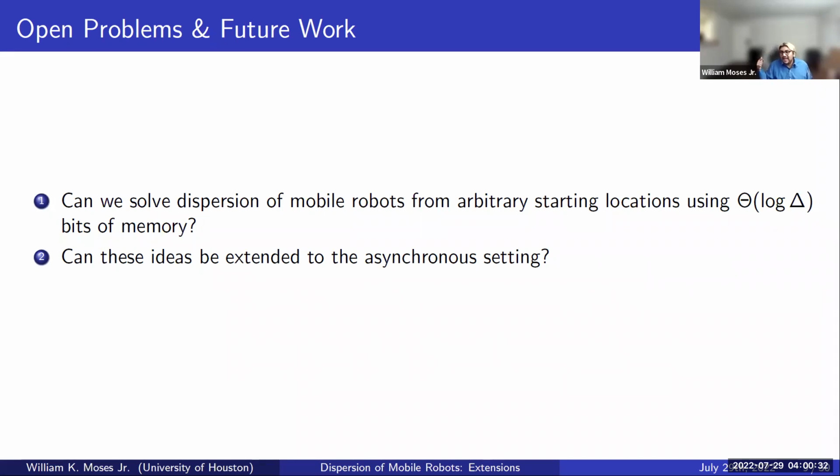Typically, each robot will know, based on the algorithm, that the algorithm terminates in some X number of rounds, where X is typically some O of n. And the idea is, if you can just maintain a bit counter, some log n bits, you can count until time is done and then stop. And this is very useful when robots are far away from each other.